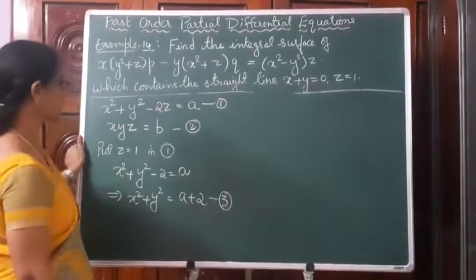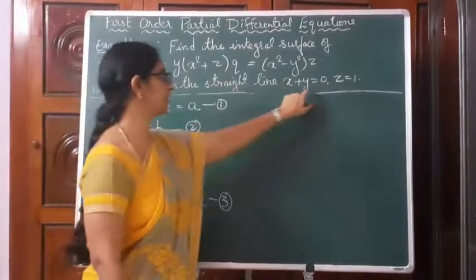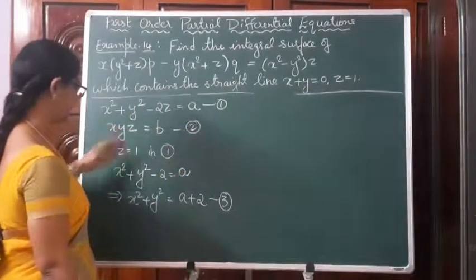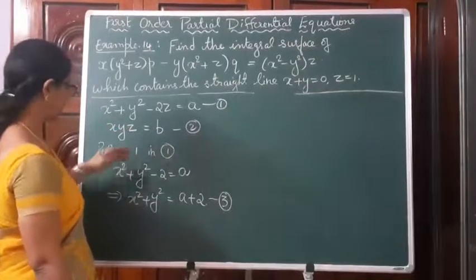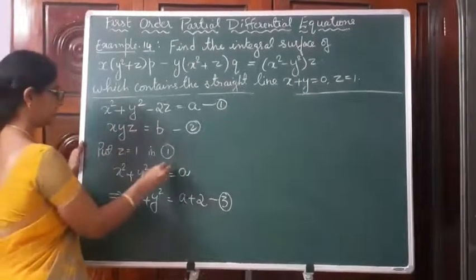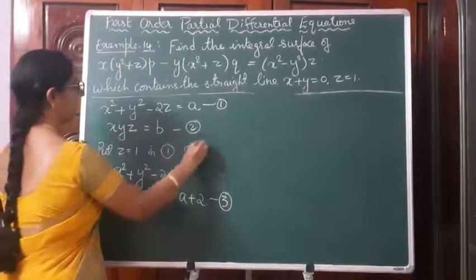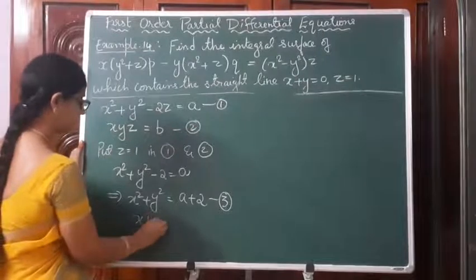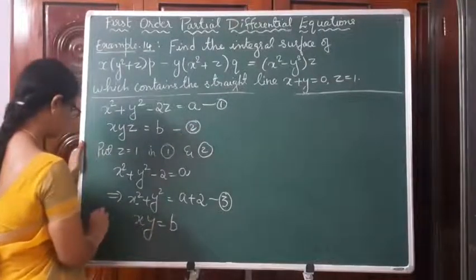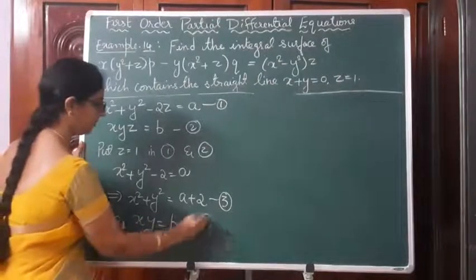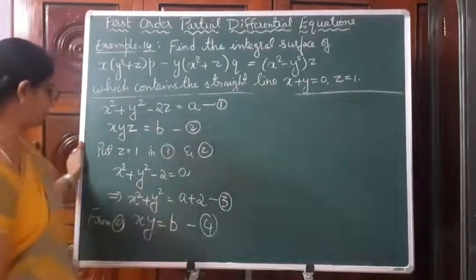Now another line equation is x plus y is equal to 0. So let us try to find x plus y from 2 and 3. And what happens when z is equal to 1 in equation 2? It gives xy is equal to b. So from equation 2, if z is equal to 1, we get xy is equal to b. So these are equations 3 and 4.